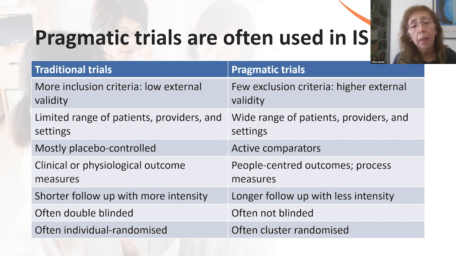On the other hand, pragmatic trials can be randomized at the individual or cluster level. Cluster randomization is more common in these pragmatic trials because they are frequently related to interventions at different levels: the individual level, the provider level, the system level, and so forth.